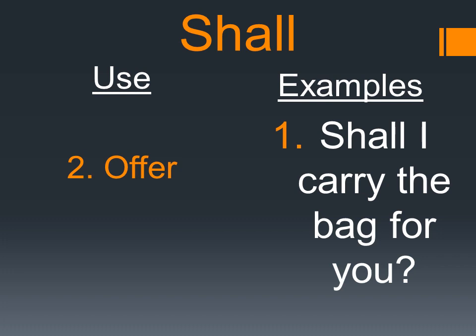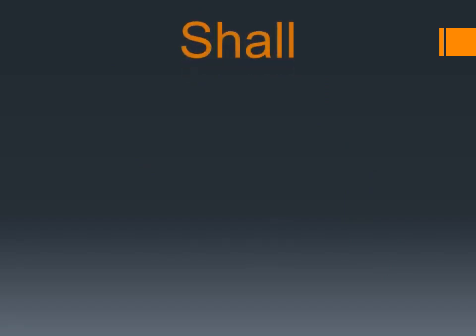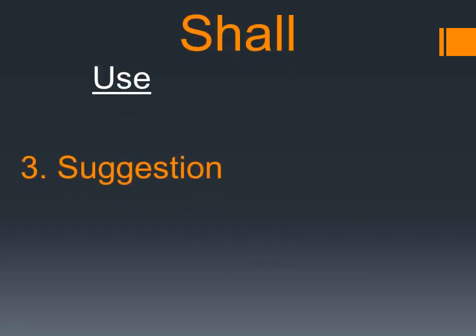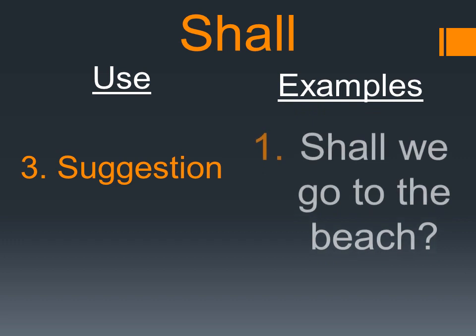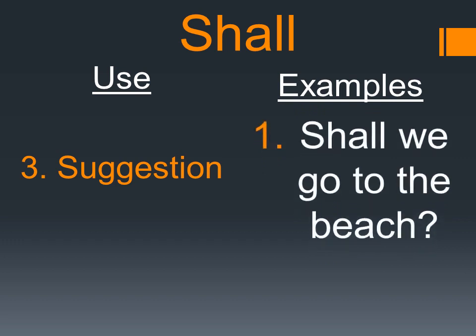And most of the time your teacher might be using this sentence in the class, shall I rub the board? So here your teacher asks a question from you, there also we use shall. Suggestion. For example, shall we go to the beach?